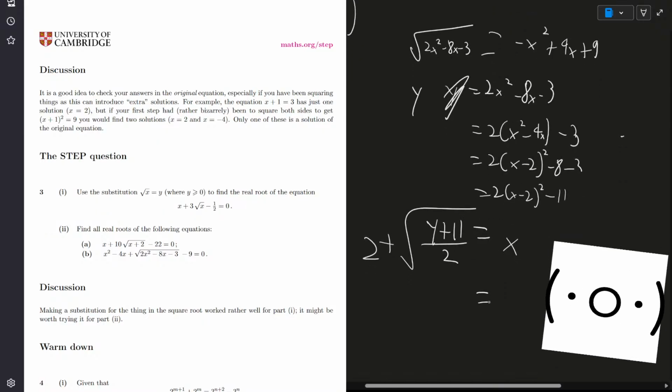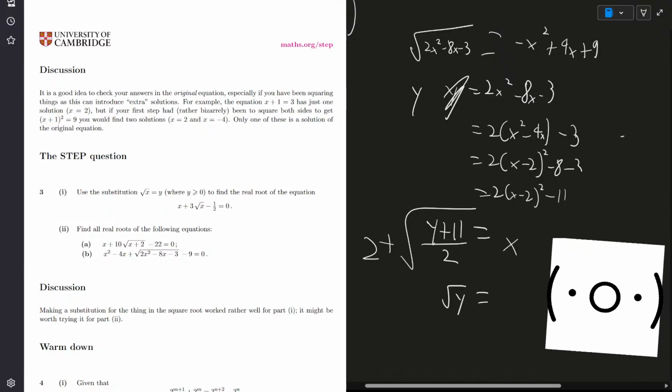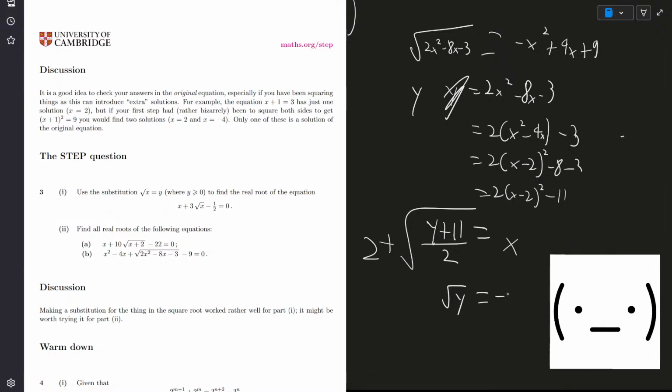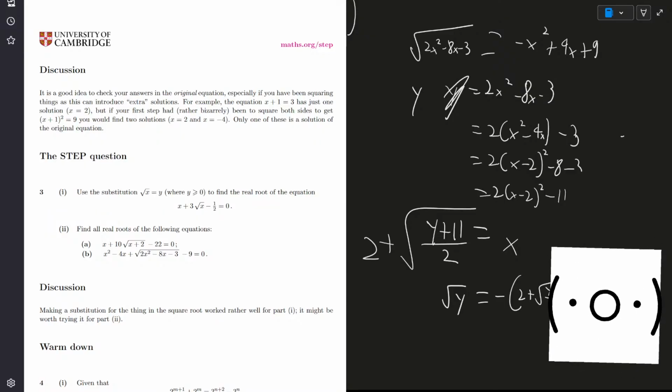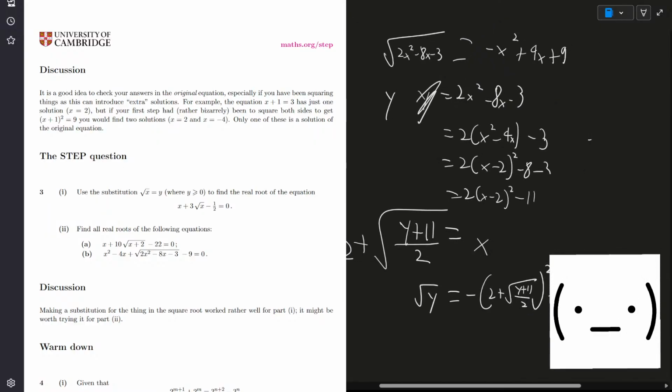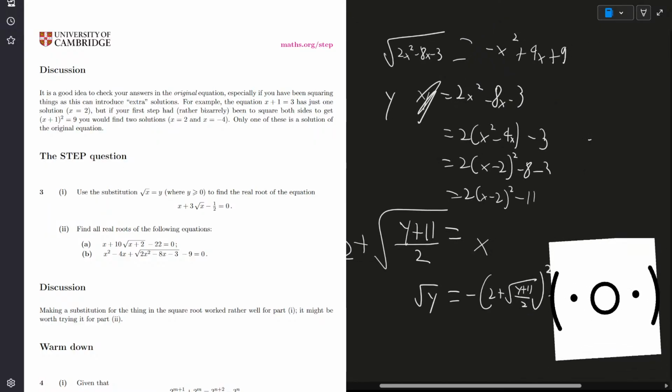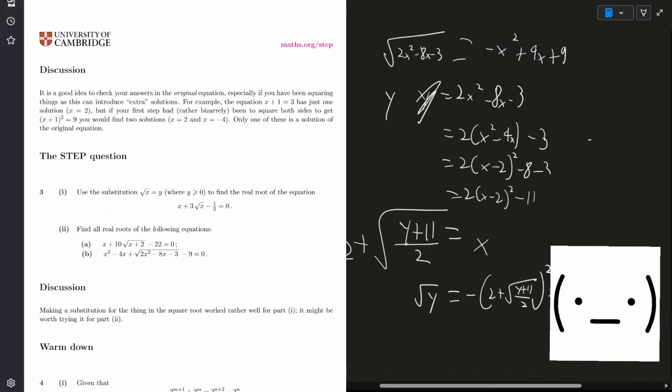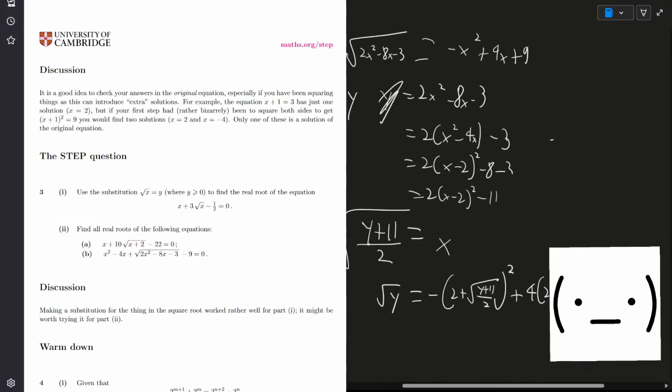Okay, so this is a square root of y. This is an ungodly mess. This is a similar looking ungodly mess. This is 9.